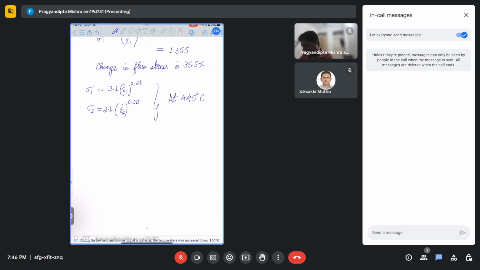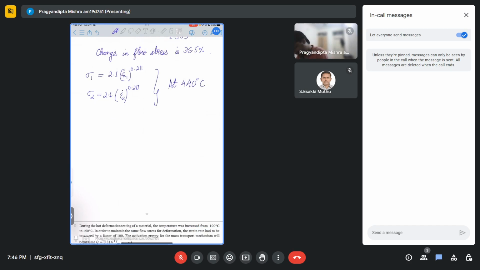Again, if I substitute epsilon 2 dot divided by epsilon 1 dot equal to 100, I'll get sigma 2 divided by sigma 1 is equal to 100 to the power 0.211, which is, just calculating, 2.64, which means that the change in flow stress is 164%.